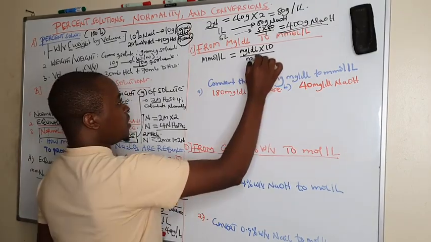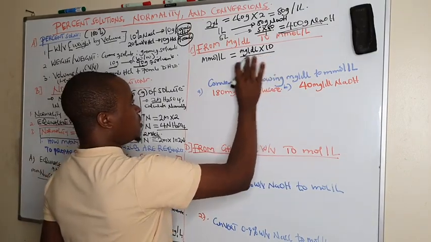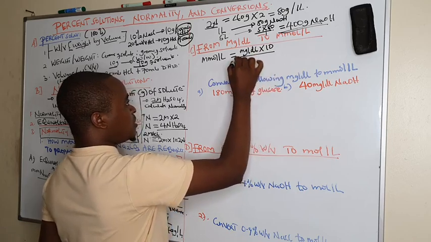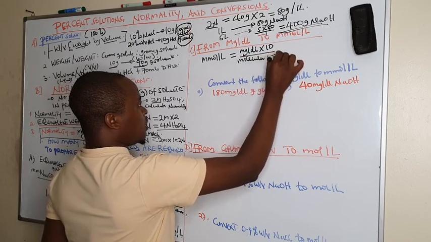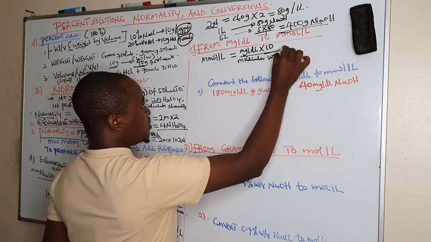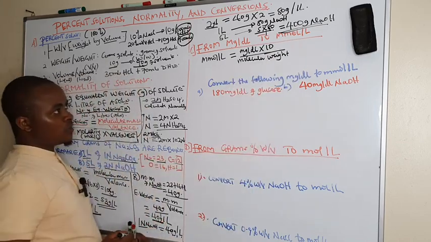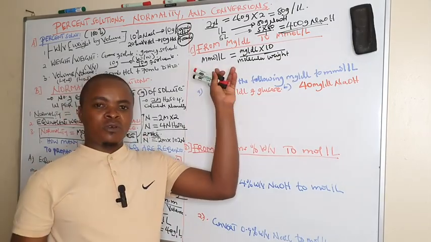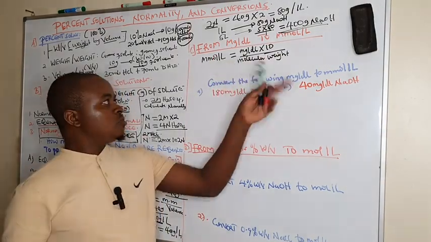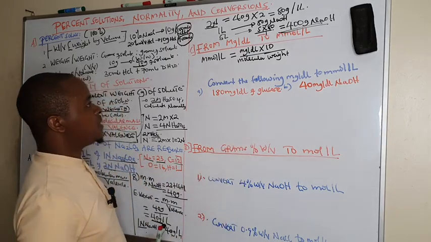So this is the formula we can use: milligrams per deciliter times 10 divided by the molecular weight or molecular mass of that substance. And this is the formula we use to convert milligrams per deciliter to millimoles per liter.